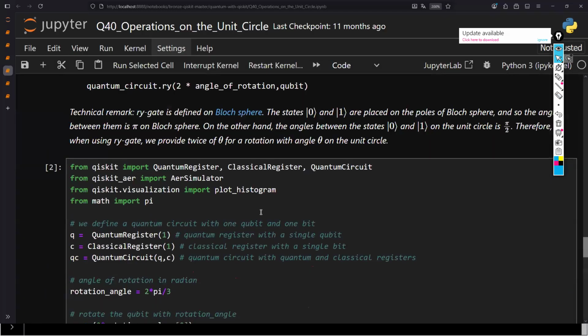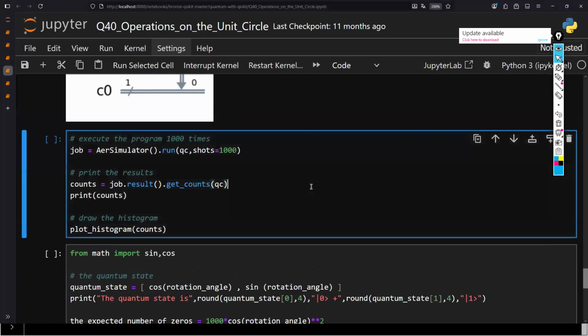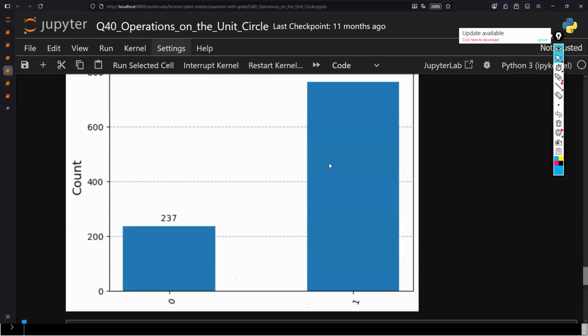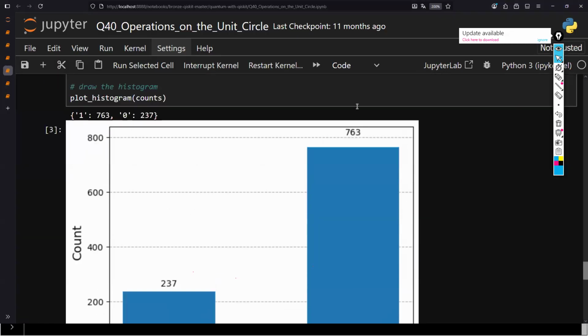And what happens is that after our rotation, we can get yet another state that isn't really a fair coin.